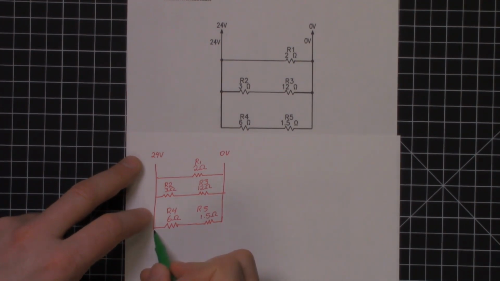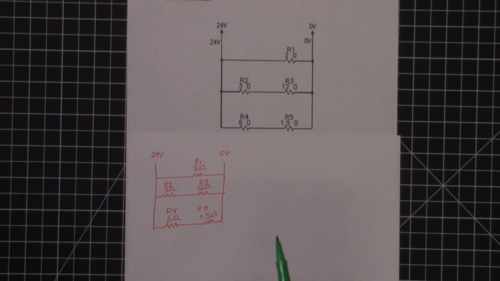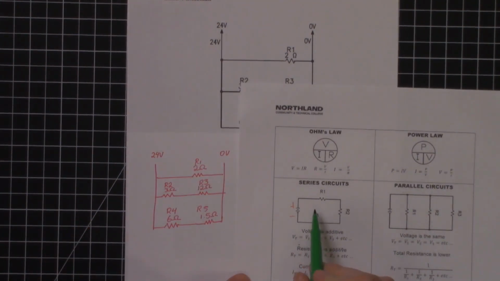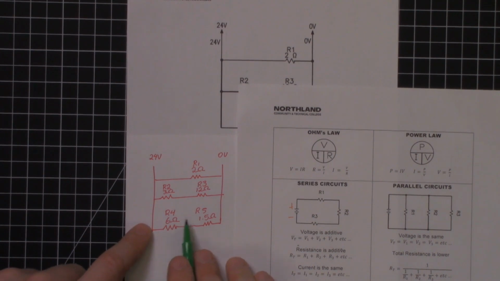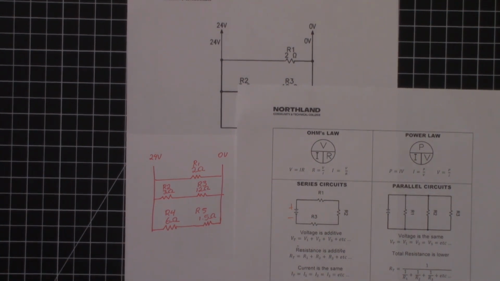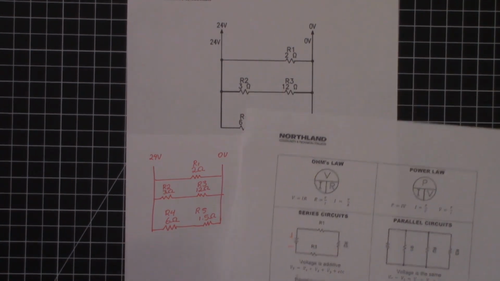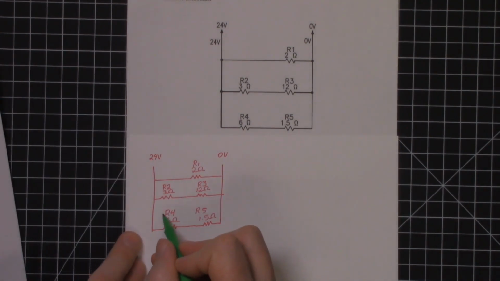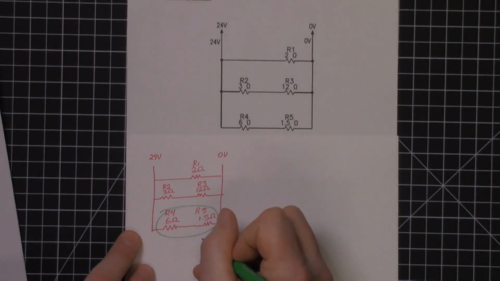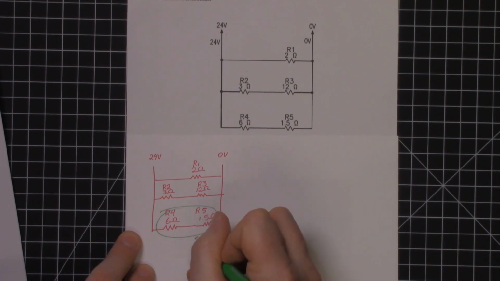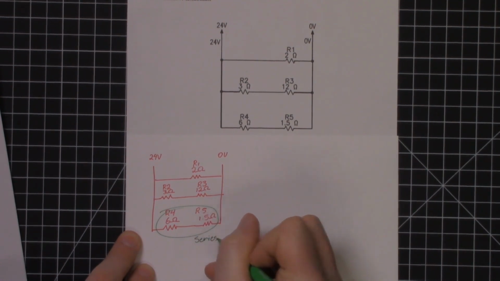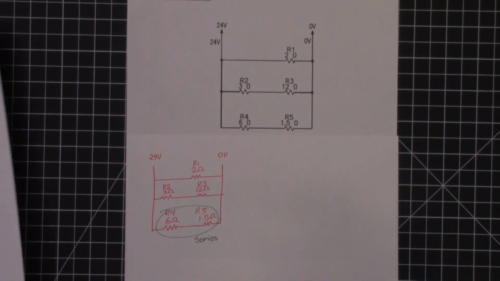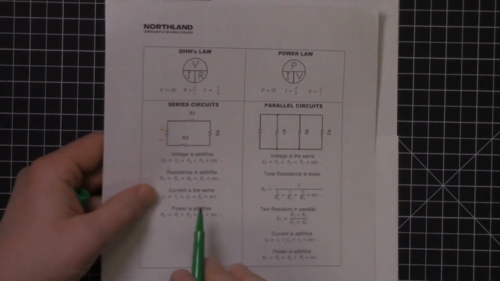They're connected through. That looks a lot like a series circuit where the electrons have to go through one to get to the next one and through the next resistor to go on. So resistors 4 and 5 meet the definition of simple series. I'm going to circle those and say these guys are in series.